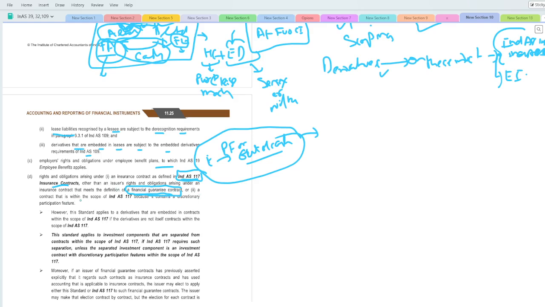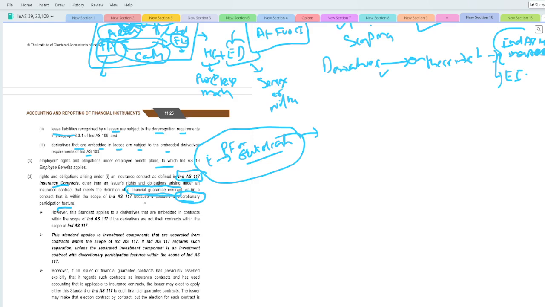And second, the contract that is within the scope of Ind AS 117 because it contains a discretionary participation feature. Discretionary participation feature means whatever excess money is there with the insurance entity needs to be distributed among the unit holders. It is at the discretion of the insurance entity to pay it to the unit holders or not.